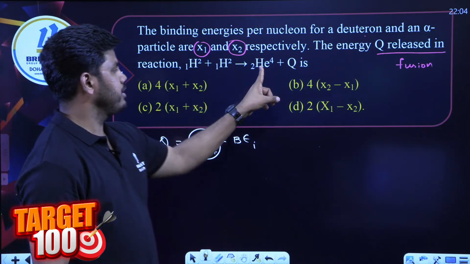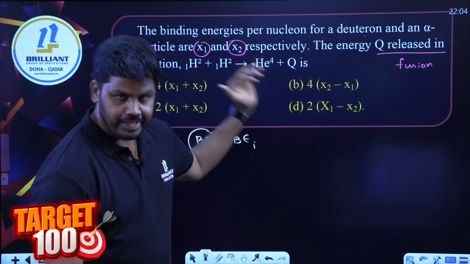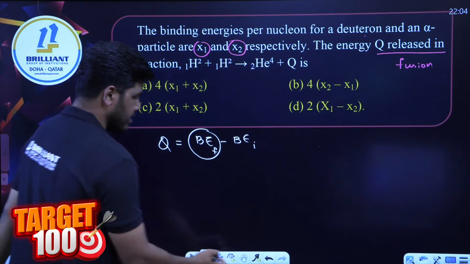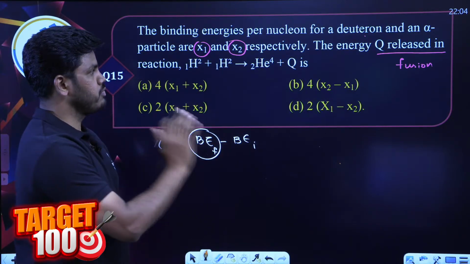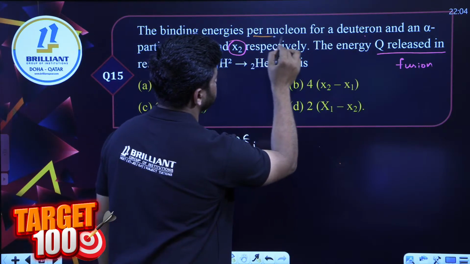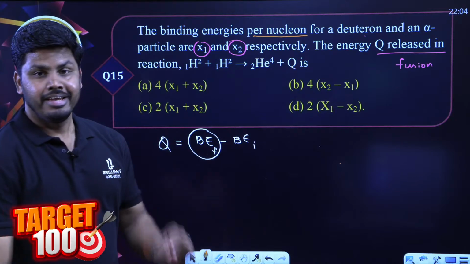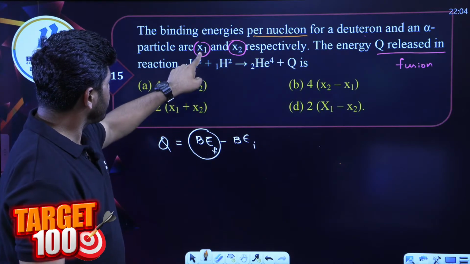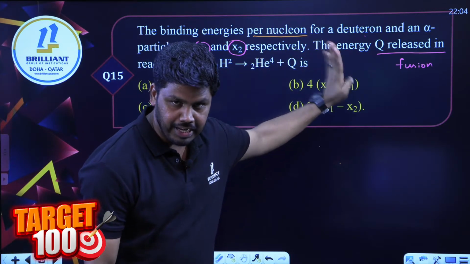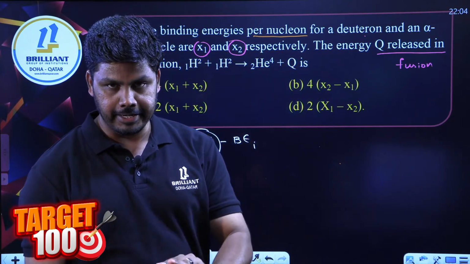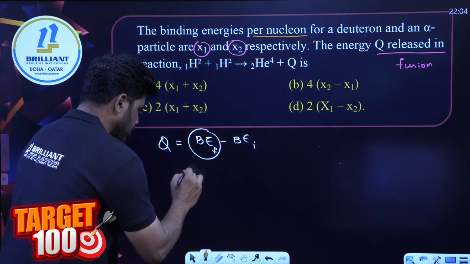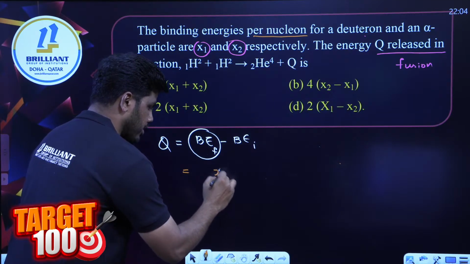We have only one product here, helium nucleus. Read the question properly, don't be confused. Whenever it is binding energy per nucleon, remember the given value is not the total binding energy of helium. It is binding energy per nucleon of helium.